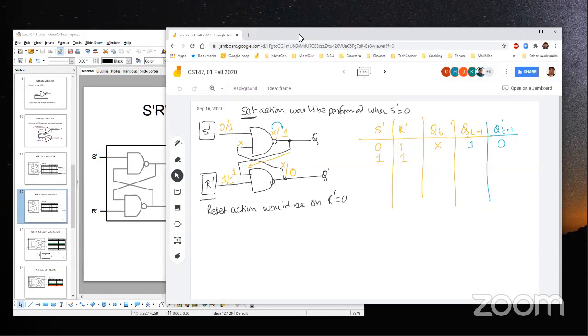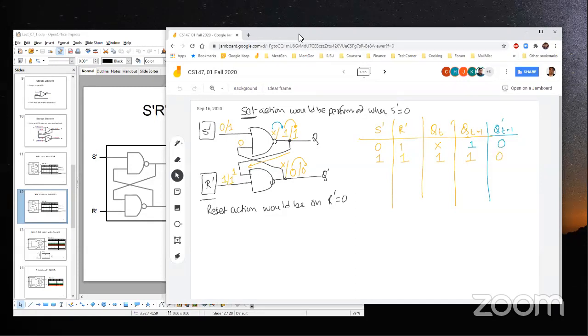This logic was 0 from previous, 1 and 0, still 1. It will have 1 as a new logic, and 1, 1 will still have 0 as a new logic. So it is as if my Qt was 1 and I'm holding that value, and this guy is 0.